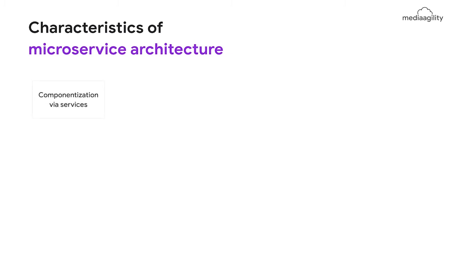The characteristics of microservices are basically that you should break or componentize your microservices into logical components. They should be organized around business capabilities, not on some other logic. These should be treated as products, not as projects.